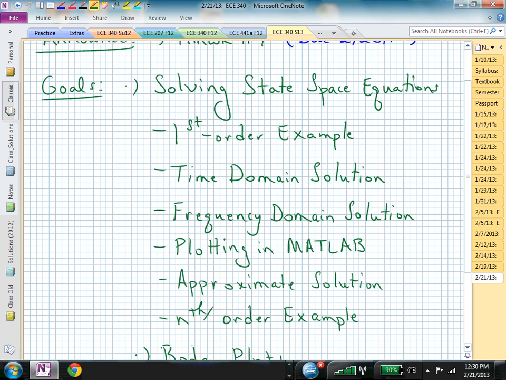What I want to talk about today is solving these state space equations, and we'll start with a very basic example, something that we hopefully all feel comfortable with. That's what we want to do if we're looking at something new, is to go back to something that's familiar. We'll look at the solution of that first order example in the time domain and in the frequency domain, and we'll go back and forth.